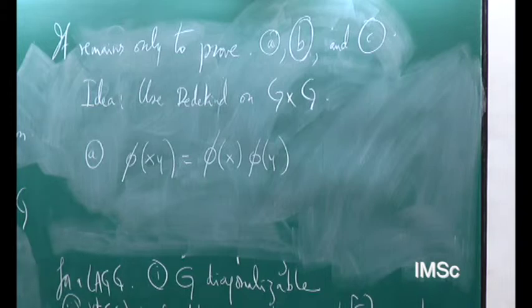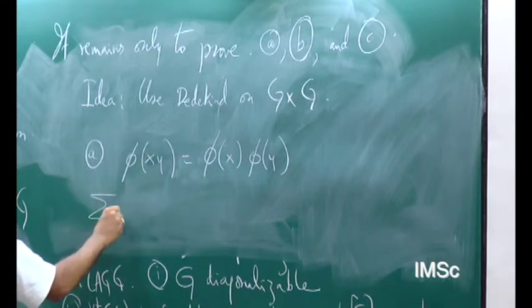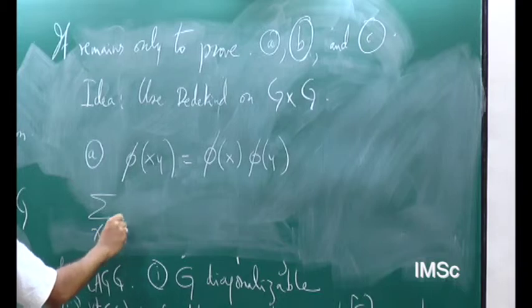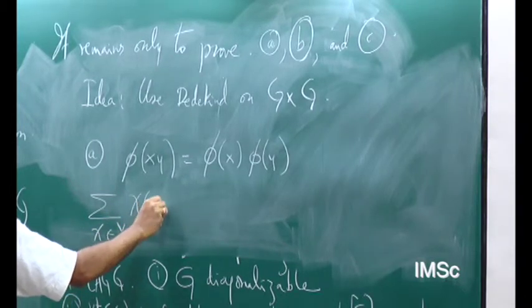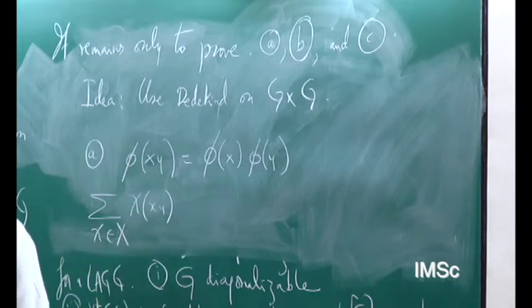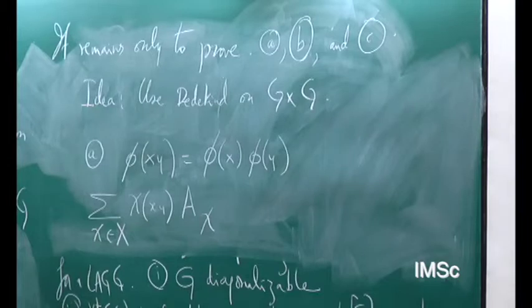And so let us write this out. Okay, so what does this mean? Phi of xy would mean the sum over chi of psi of xy a chi, on the one hand.